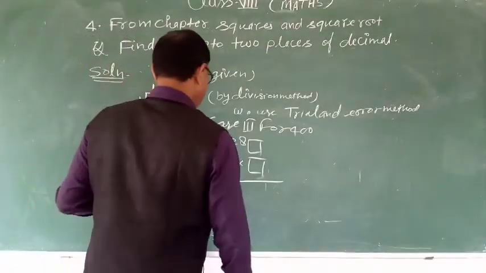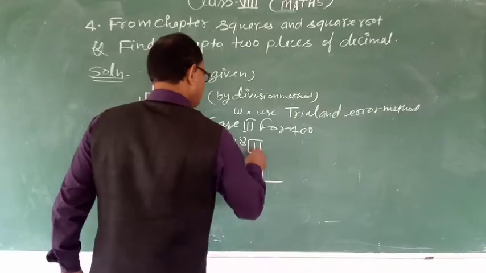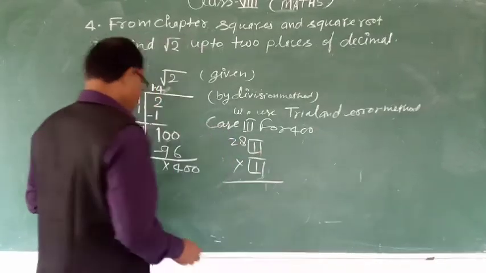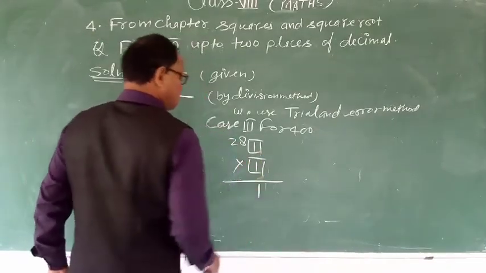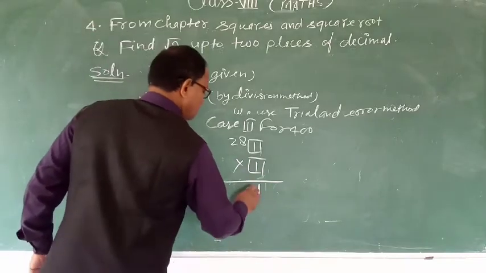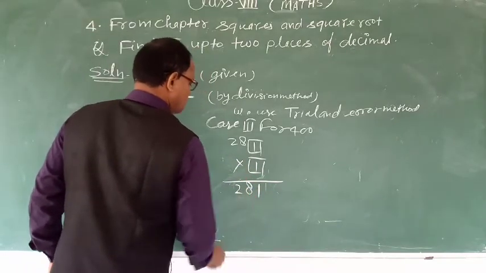Here we get 1 square. We check for 1. 1 into 1, 1 1 is 1, 1 8 is 8, 1 2 is 2.